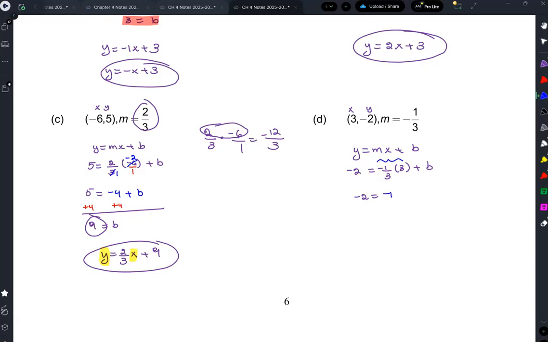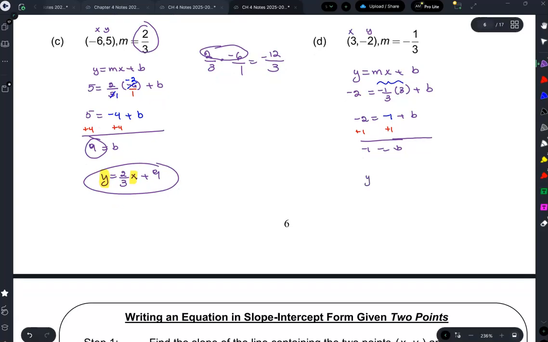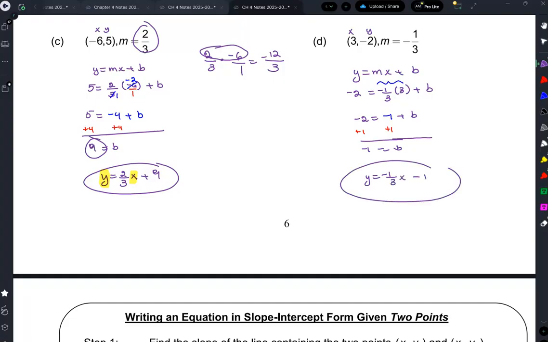Negative 1 plus b. So now how do I solve for b? Plus 1 plus 1. So negative 1 equals b. Okay? So then how is my answer going to look? y equals what? Negative 1/3. Yep, negative 1/3 x minus 1. Don't forget the x. Don't forget the y.